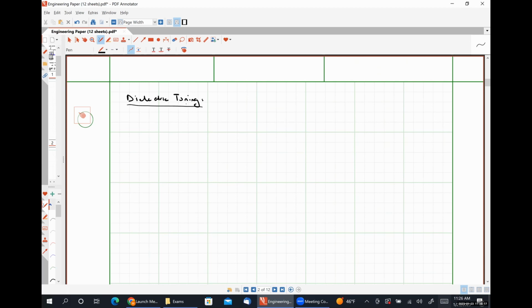So I'm going to draw a picture here. So let's say that we have a plate like so. And its dimension in this direction is going to be A.